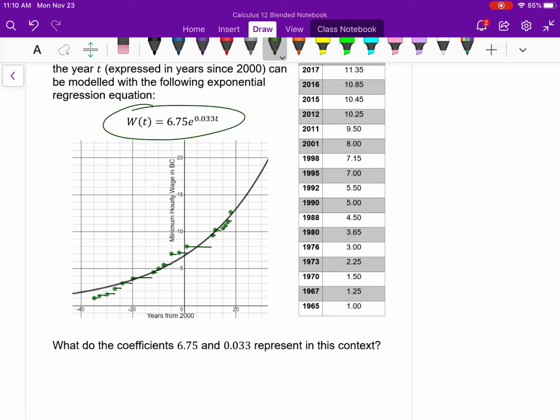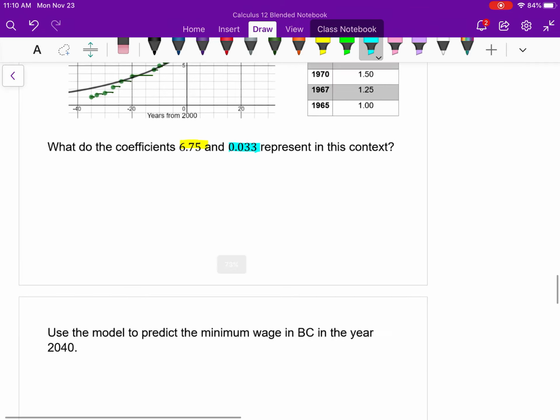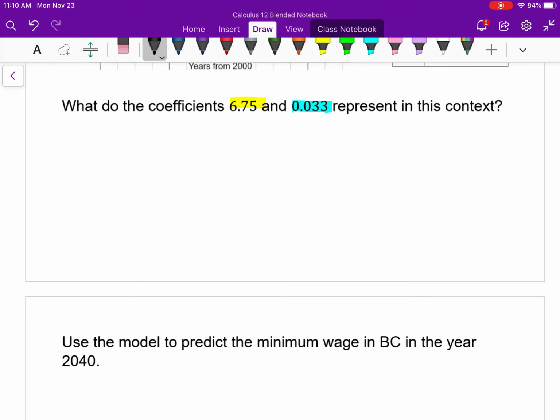And I want to now work with the model. So my first question is, what do these coefficients of 6.75 and 0.033 represent in this context? All right, well, let me write down the equation again right here. So we had W equals 6.75 times e to the 0.033t.